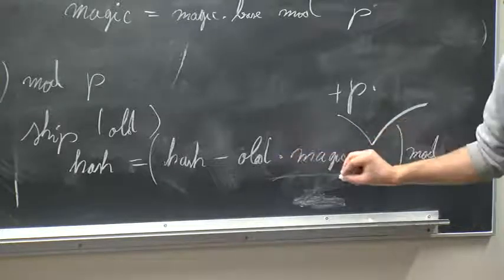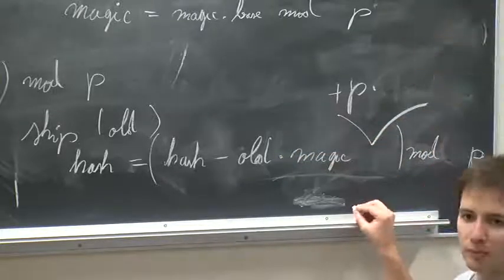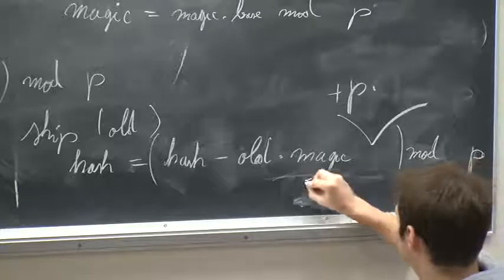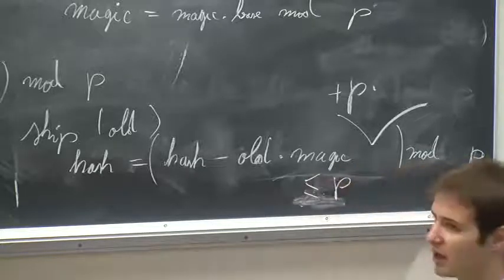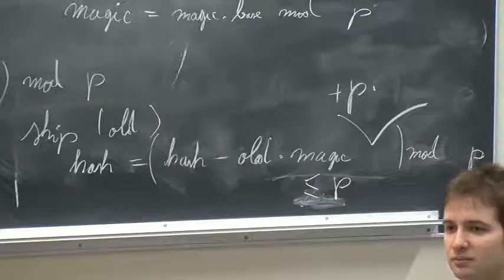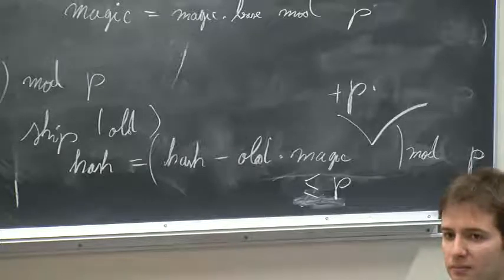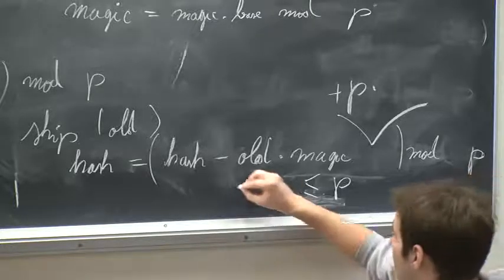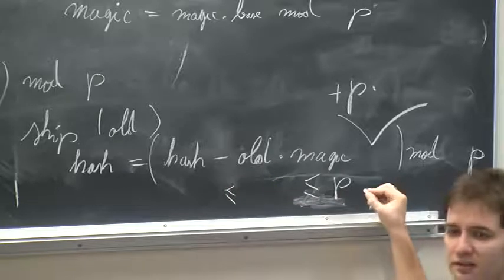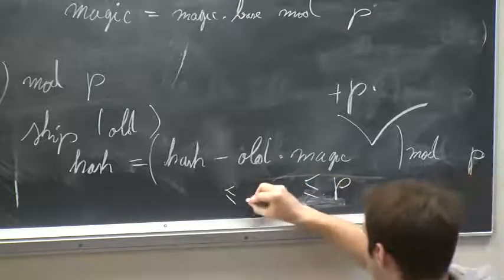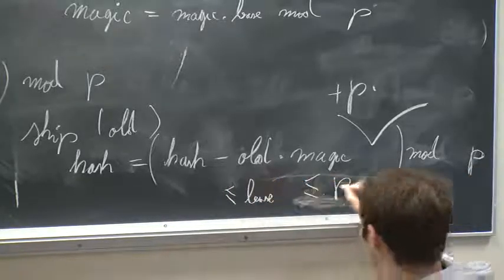Let's see, how big are these guys, by the way? Magic is something mod p, right? So it's definitely smaller or equal to p. How about old? Smaller or equal than base. Very good.